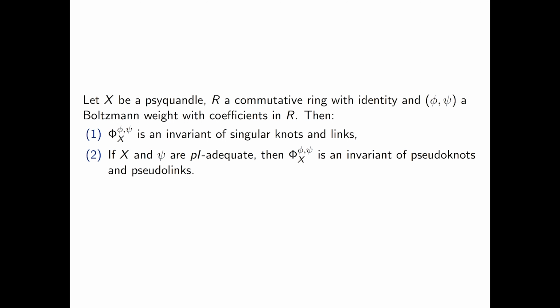So let's go ahead and take a look at an example. So a fairly simple example where we compute the enhanced invariant, and we see that we actually get additional information that's not presented in just the cardinality of the set of X colorings of a knot by a Psyquandle.